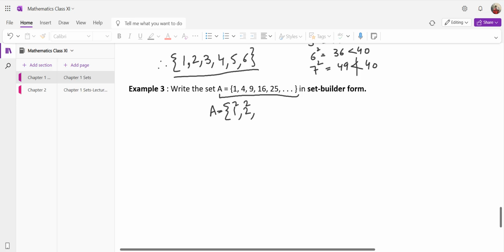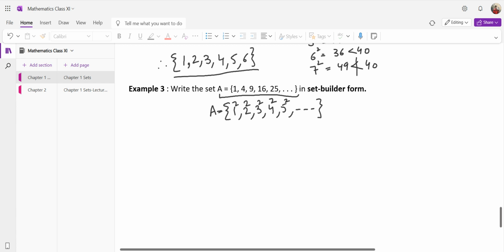The third element is 9, which can be written as 3 square. The fourth element is 16, which is 4 square. Another element is 25, which is 5 square, and so on. One can clearly check here that every element is the square of a natural number.